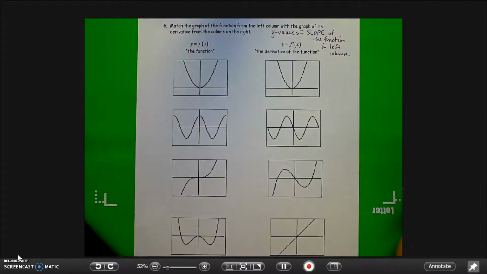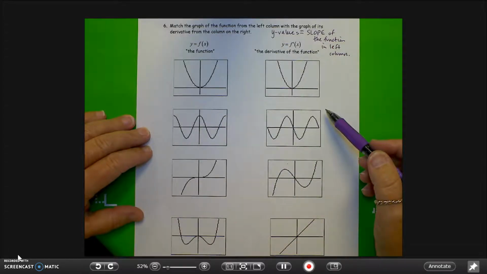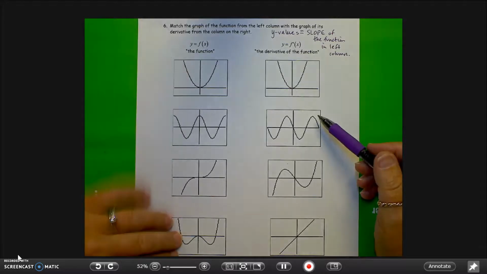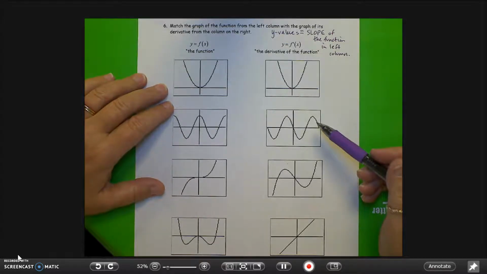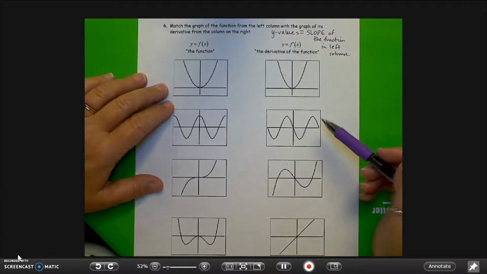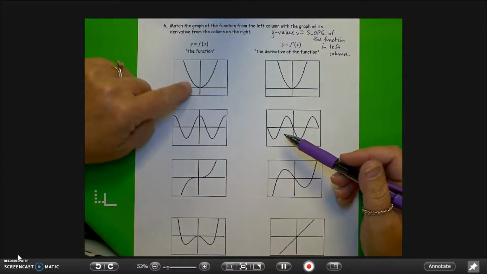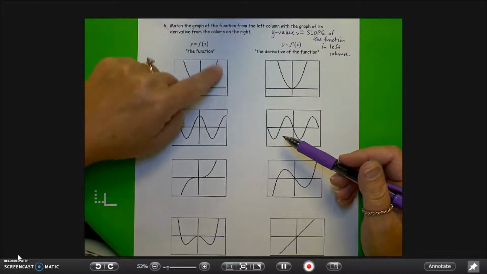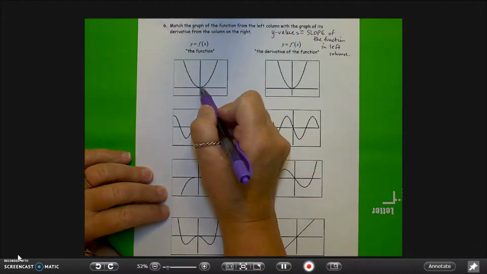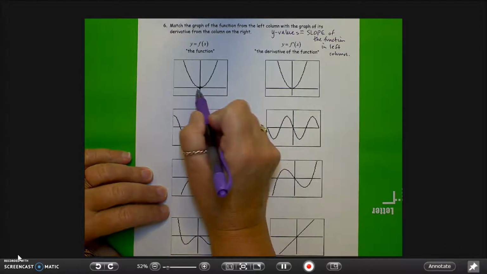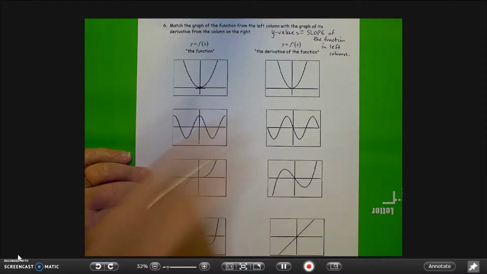All right, let's see if we can make sense of this. We'll start with the first function, and we're just trying to match these 4 over to this 4. What I want you to look at is what are the slopes all along these curves. So the obvious slope, I think of this one first. If I just go right to the bottom, I know that that has a horizontal tangent right there.